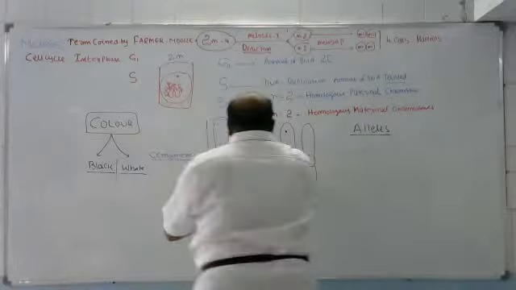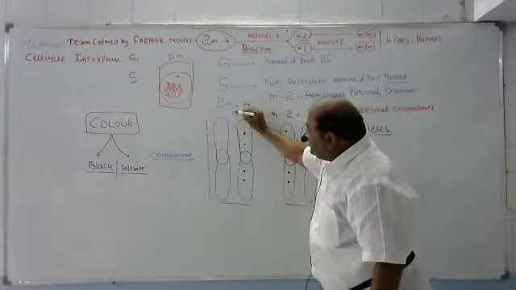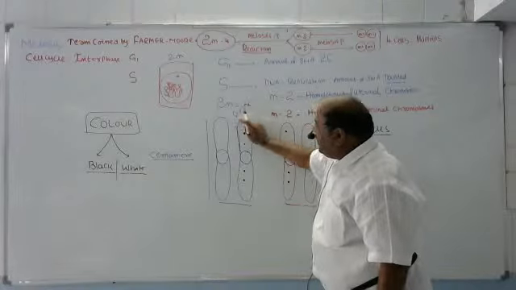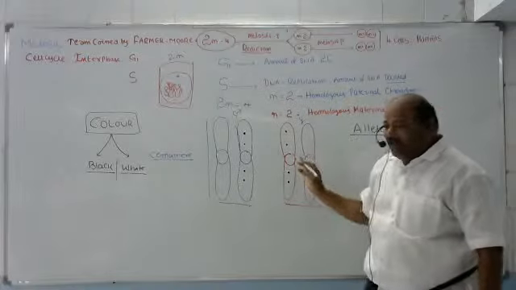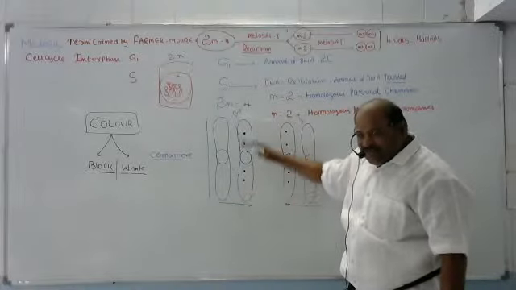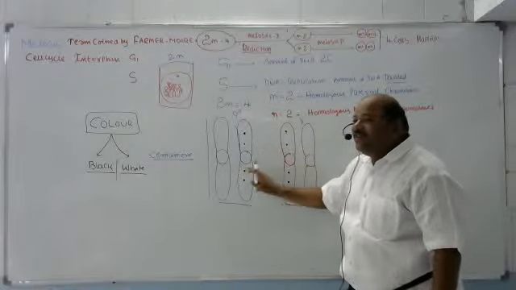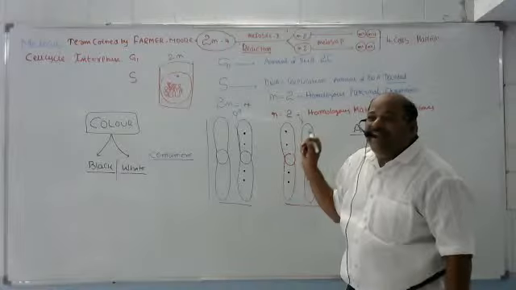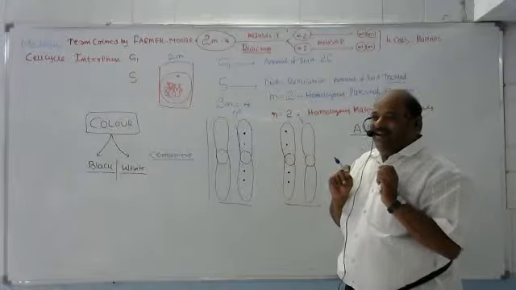For example, here this is the paternal chromosome. Now you think so. This is paternal, meaning male. This is the maternal, female. Their size is similar, length is similar, centromere position is similar. All of them are having which one? The same kind of genes, but their alleles are different.